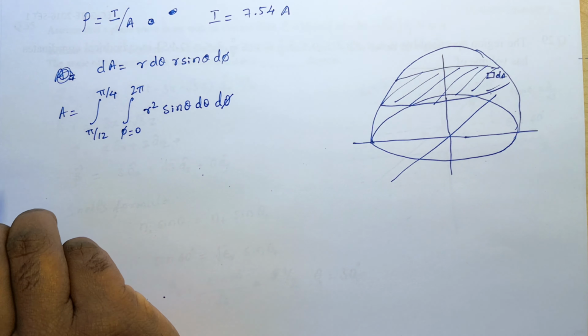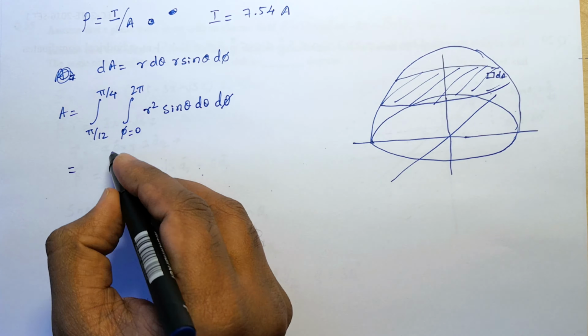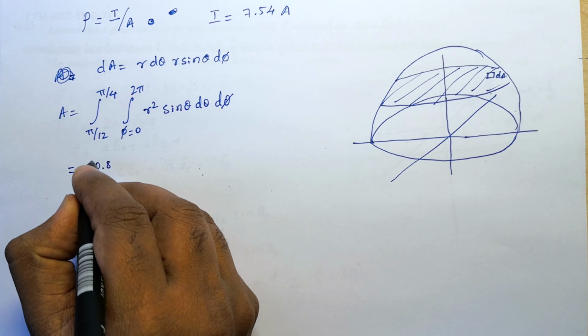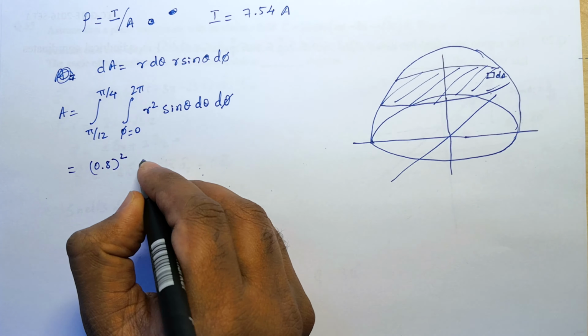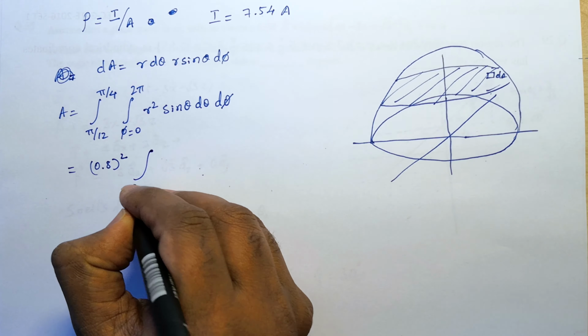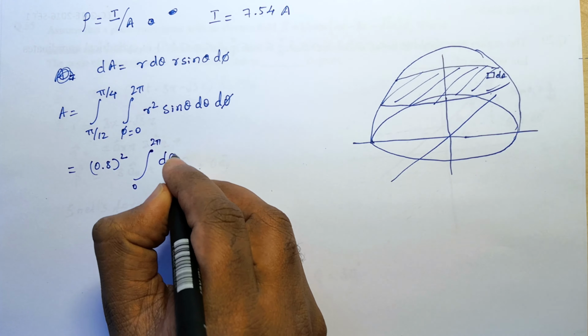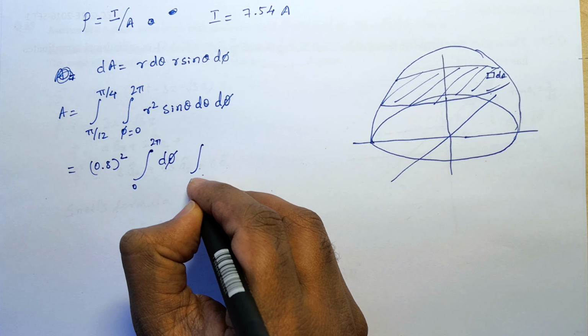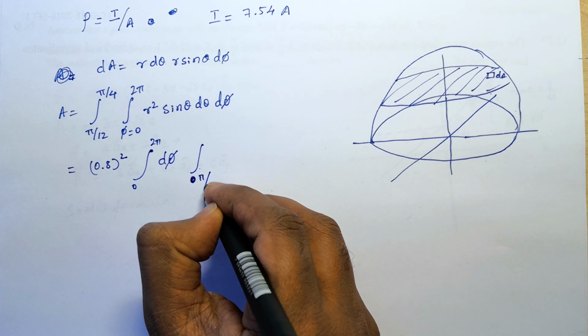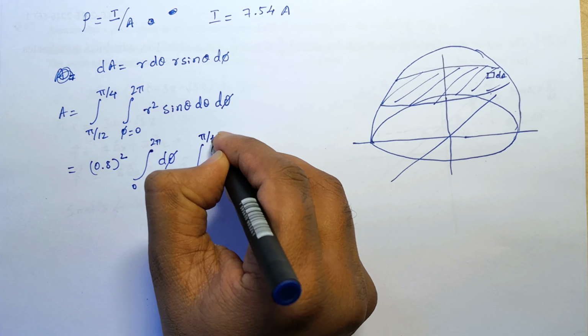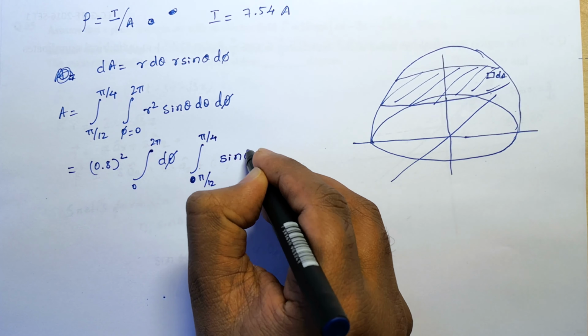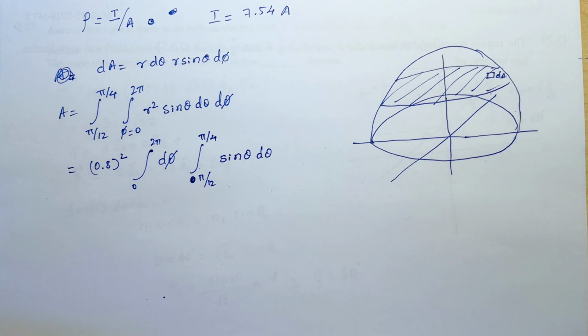So we have to evaluate this integral. r square is 0.8 square, which comes out of the integration, and we have 0 to 2 pi d phi, and pi by 12 to pi by 4 sin theta d theta.